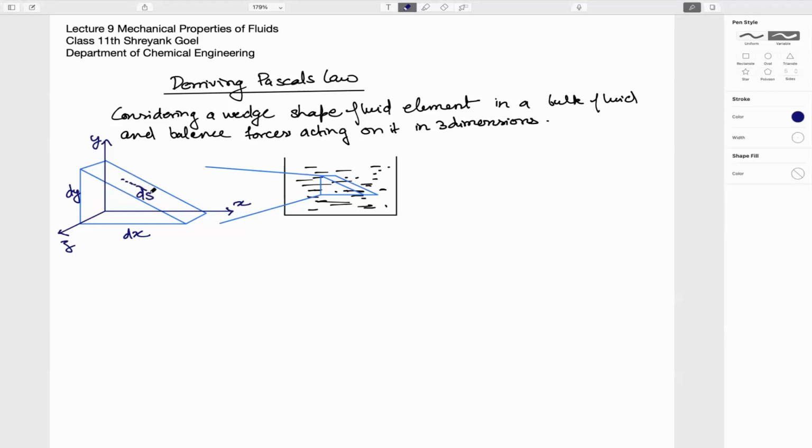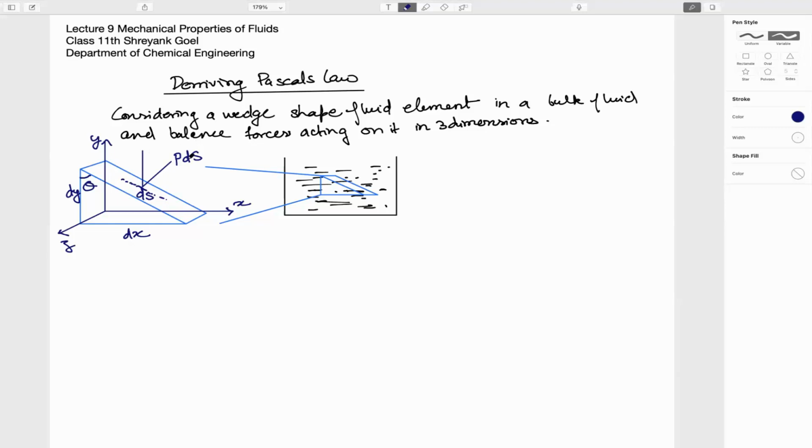So here, let's say this angle is theta, then pressure acting at this point is P ds, normal. So pressure is acting normally to this wedge.